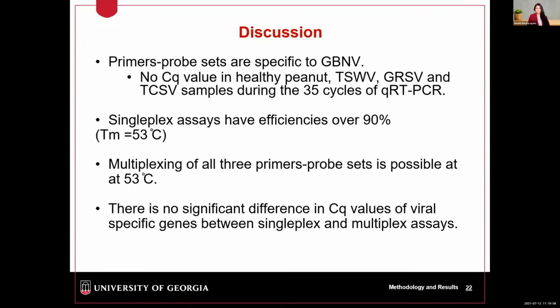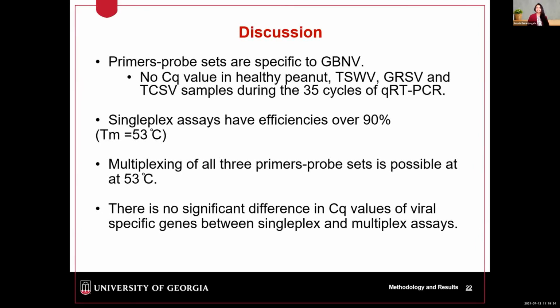With that, I would like to discuss a few facts. The primer probe sets designed are highly specific to GBNV, and we confirmed using healthy peanut RNA and closely related orthotospoviruses infected plant RNA. These orthotospoviruses were TSWV, GRSV, and TCSV, which are already present within the US.